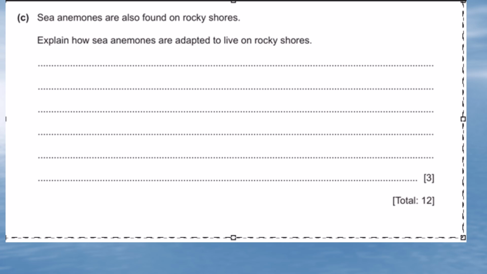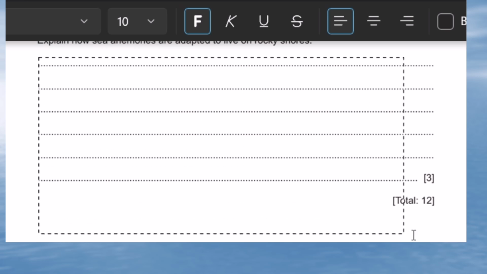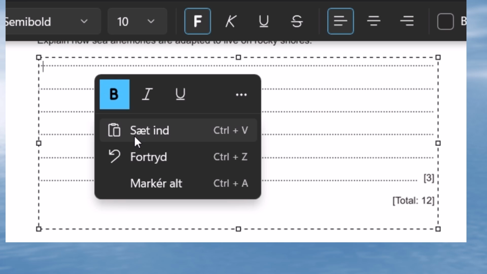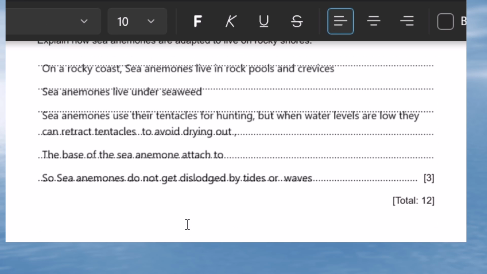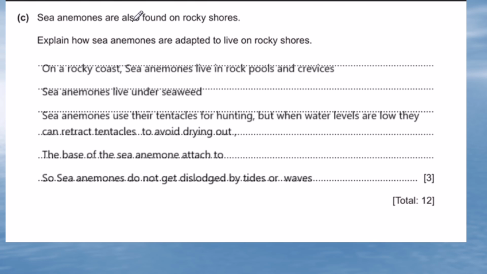Lastly, we are asked about sea anemones, which are also found on rocky shores, and they mainly live in rock pools and crevices. Explain how sea anemones are adapted to live on a rocky shore, and I'll give an answer something like this. Well, on a rocky coast, sea anemones live in rock pools and crevices, and they tend to live under seaweed.